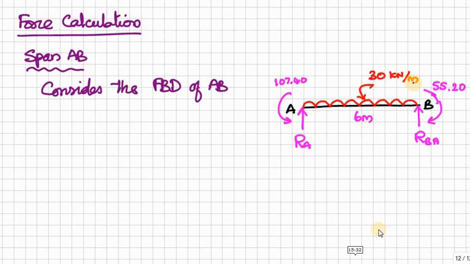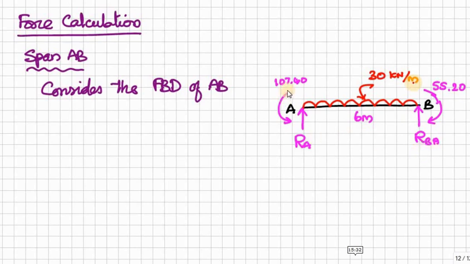So this is the free body diagram of span AB. Here we have UDL and RA reaction. This is RBA reaction because we have BC member also. From the BC member also we will have some reaction, therefore we designate this reaction as RBA.